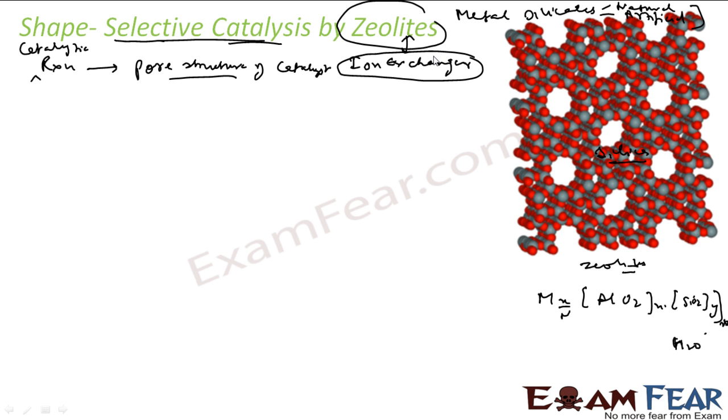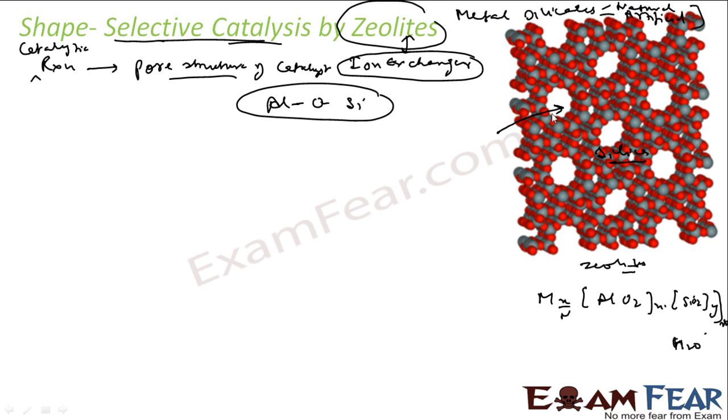Right? So as I told, zeolites are microporous aluminosilicates and they have a 3D network. You see, there is a 3D network of silicates in which some silicon atoms are replaced by aluminium. So I can say that it has an aluminium, oxygen, silicon network. That is what my zeolites are.